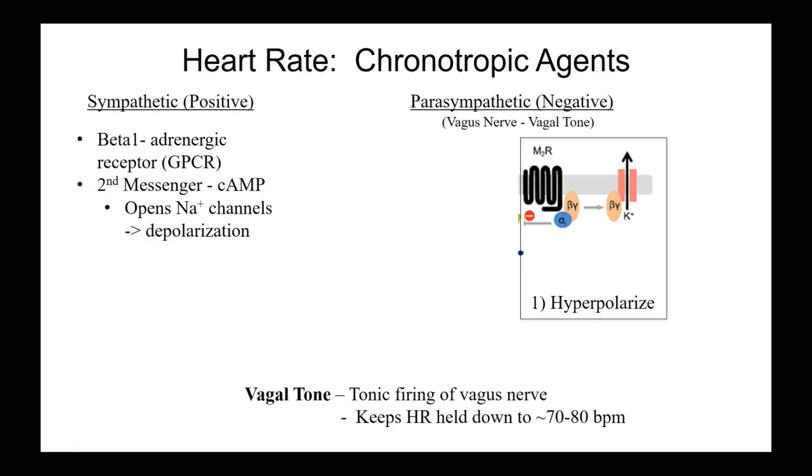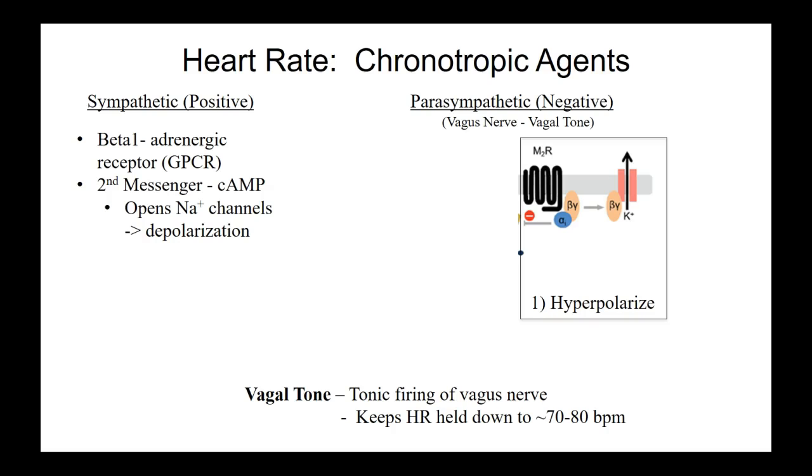The major receptor for that is the beta-1 adrenergic receptor. Here, adrenergic: adrenaline, epinephrine, norepinephrine. So what hormone or neurotransmitter does it bind? Epinephrine, norepinephrine. Not surprisingly, it's a G protein coupled receptor, and it has a second messenger.